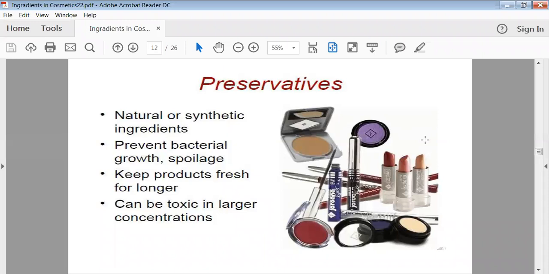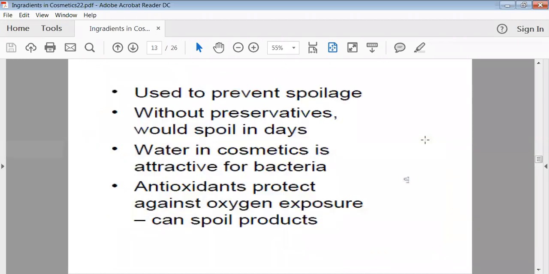Generally, synthetic as well as natural types of preservatives are used mostly for herbal creams. Your preservative must have good antibacterial action, and we are using them for prevention of bacterial growth, as well as they should avoid the spoilage of your product, and your product should be kept fresh all the time. So for that purpose, we are using preservatives.